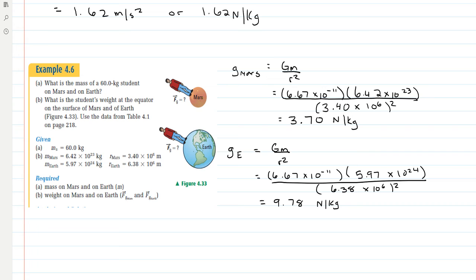Then what we are looking for is our F-grav, or your FG, sorry. Because this is where we get to use our mass, and this is the mass of the student, multiplied by the gravitational field strength of Mars, which we found up here. So then this is 60.0 kilograms multiplied by 3.70 Newton per kilogram.